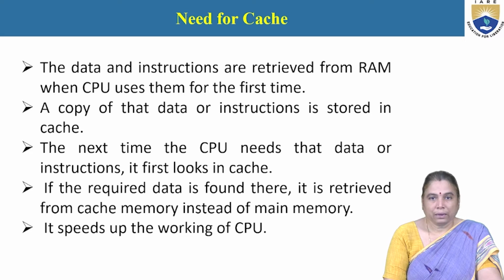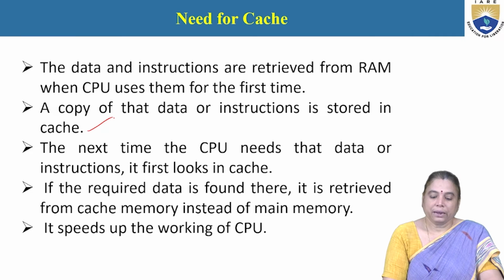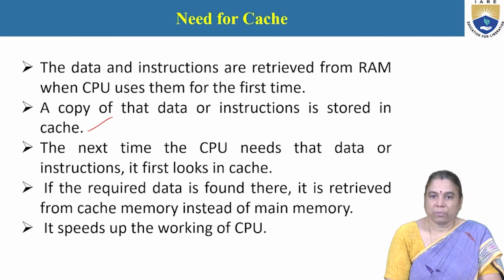What is the need for cache? The data and instructions are retrieved from RAM when the CPU uses them for the first time. A copy of the data or instructions is stored in the cache, so they need to be transferred from the main memory to the cache memory with the help of a block. The next time the CPU needs the data or instruction, it first looks into the cache.